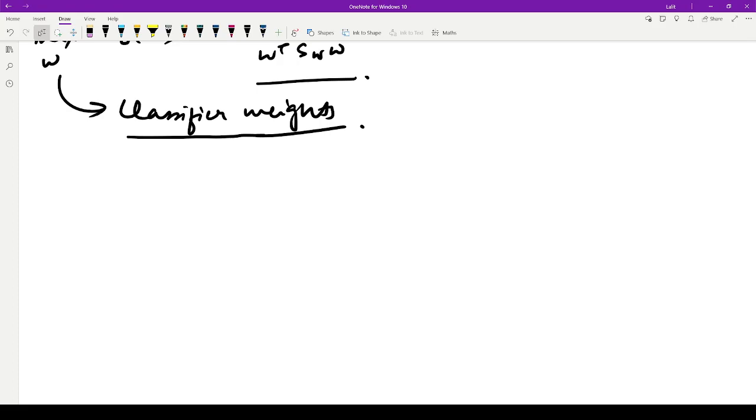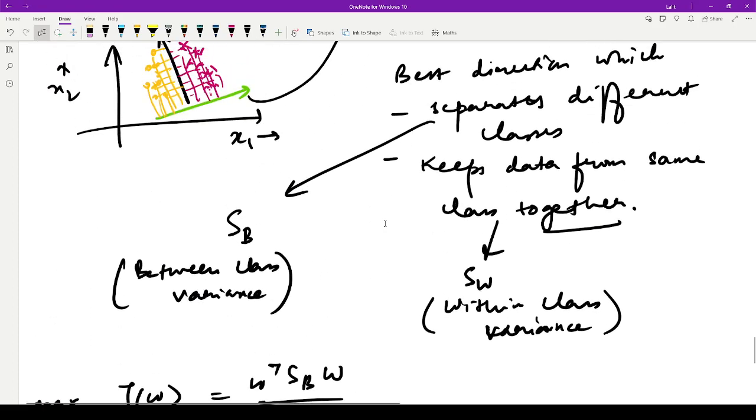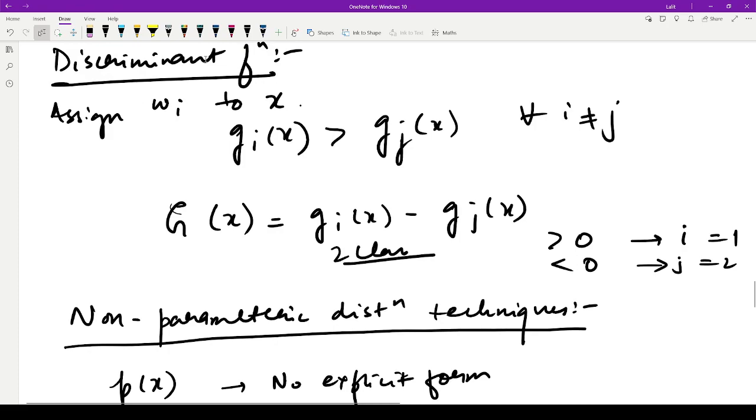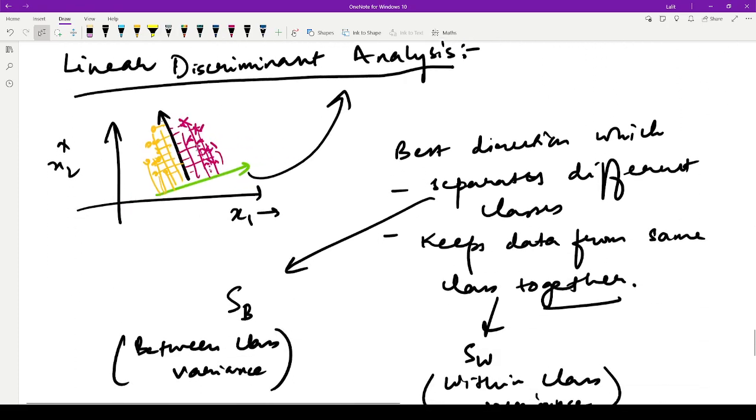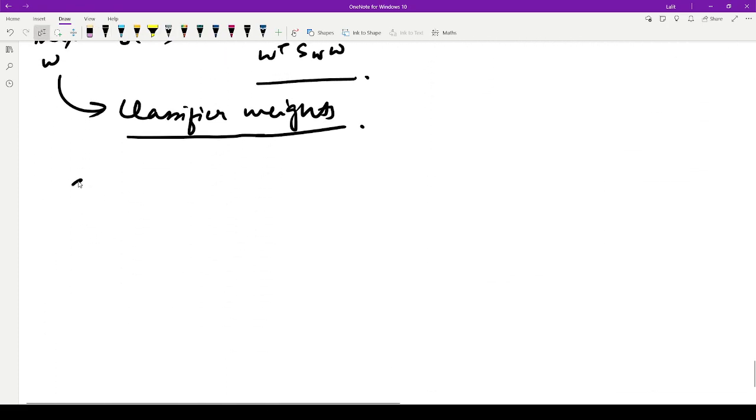As someone said, it's a discriminating model, and you can pose it again in terms of a discriminant function. Here, SVM will be a linear classifier.